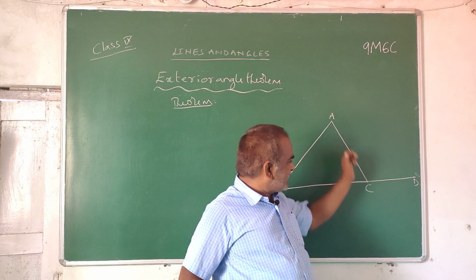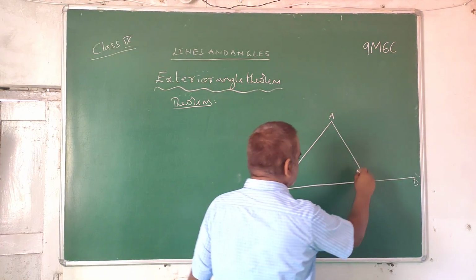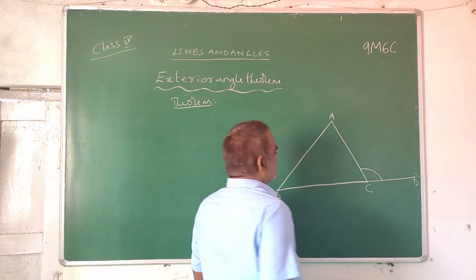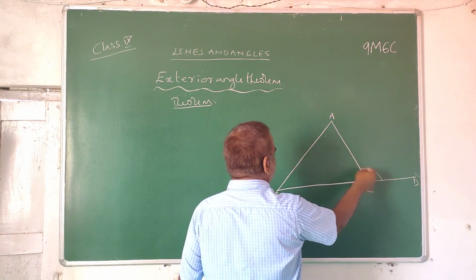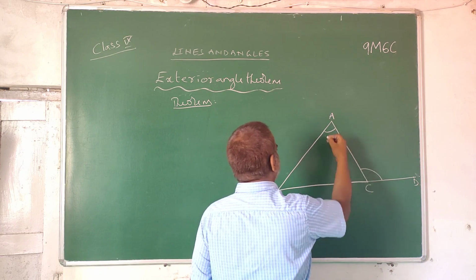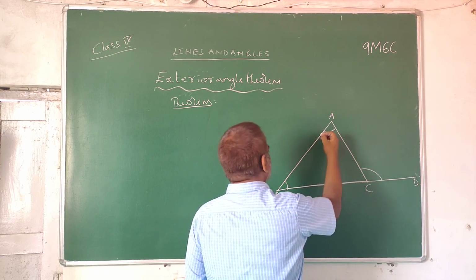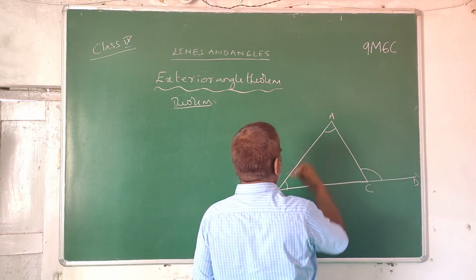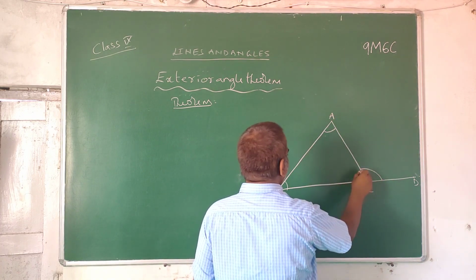Now the exterior angle so formed is angle ACD. As per this theorem, this angle ACD is equal to the sum of its opposite interior angles. So angle ACD is equal to angle A plus angle B. That's what we are supposed to prove.